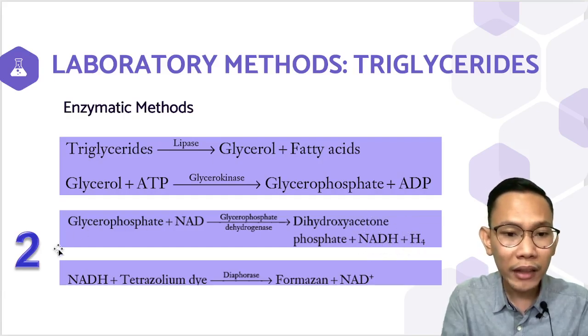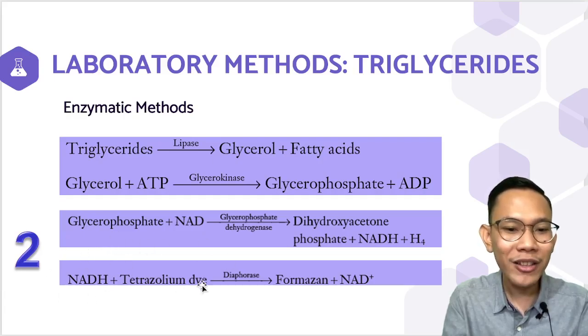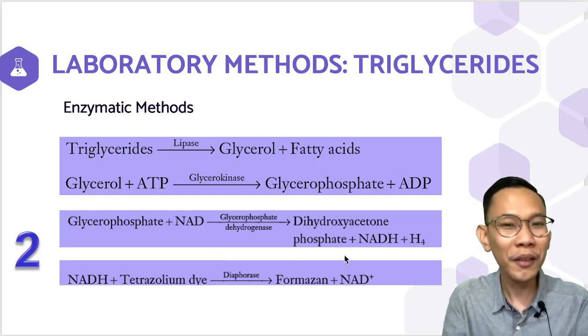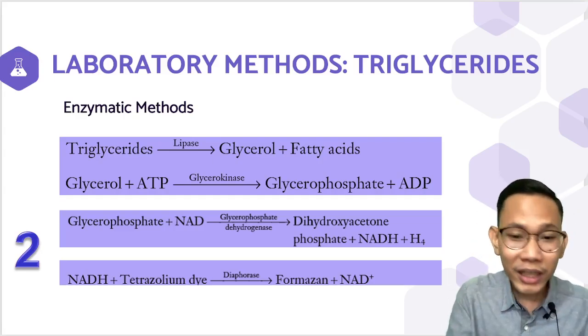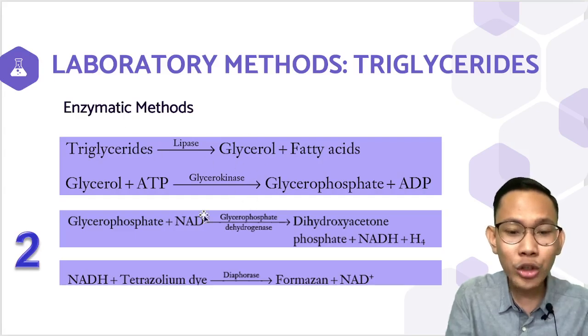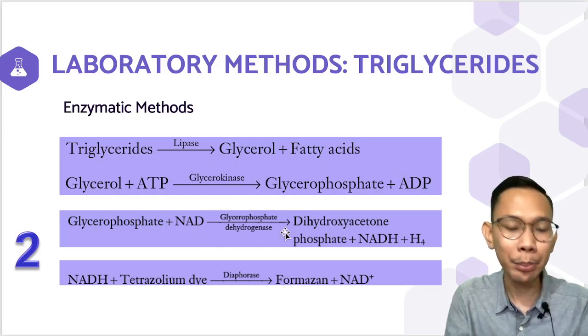Your reduced nicotinamide adenine dinucleotide will be acted on by your reagent tetrazolium dye in the presence of your diaphorase, and therefore we will be able now to measure the level of your triglyceride. Ang pinaka-importante dito guys, no, yung mga enzyme reaction and what will be the end product.